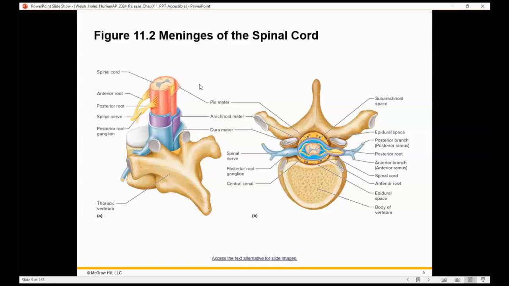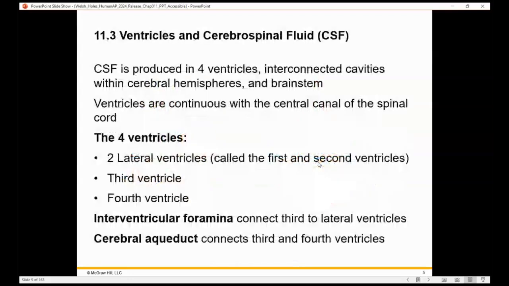And now when we look at the spinal cord, you'll see the same arrangement. You have the dura mater on the outside, the arachnoid mater, then the pia mater. And remember, the spinal cord goes through the vertebral foramen. Okay, and we'll talk more about that later as well.